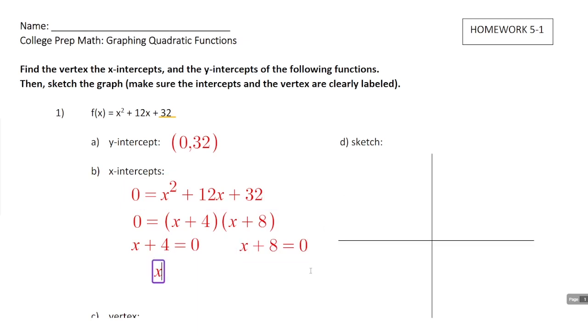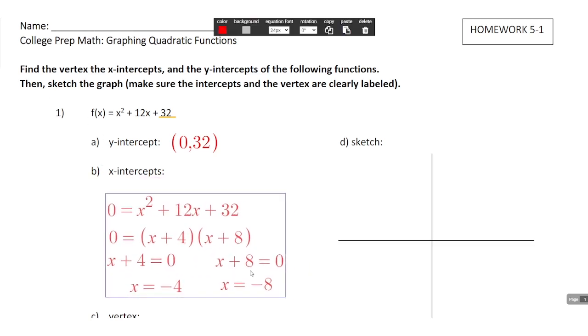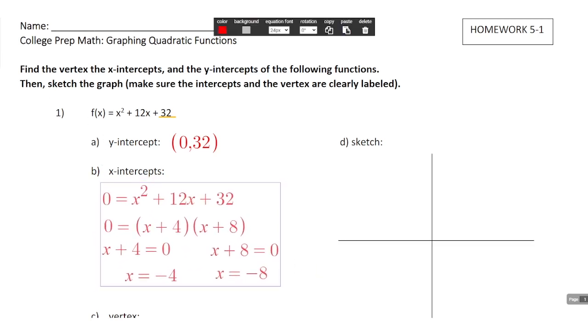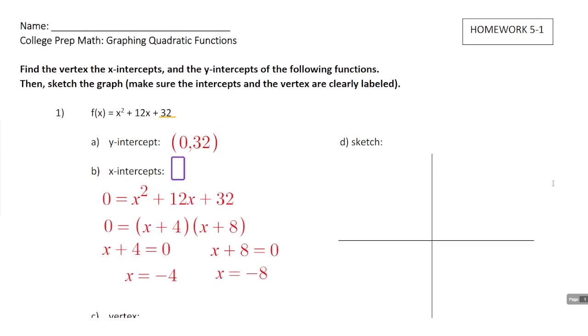So our x-intercepts will occur when x is equal to -4 and when x is equal to -8. So my two x-intercepts are going to be at -4, 0 and -8, 0.